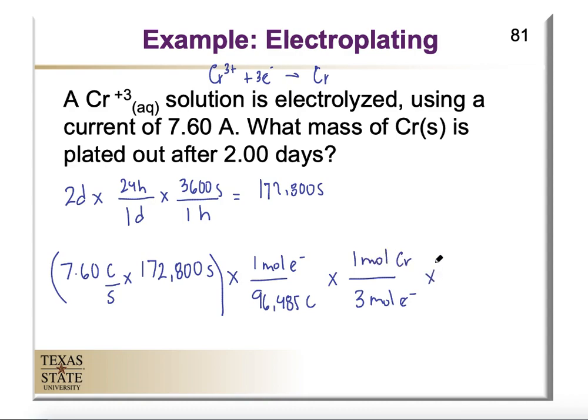The last step is to convert the moles of chromium into grams of chromium. And to do that, we're going to be utilizing the molar mass. Specifically, 1 mole of chromium weighs 51.996 grams of chromium. Once you multiply all of that out, you should get that your answer is about 235 grams.